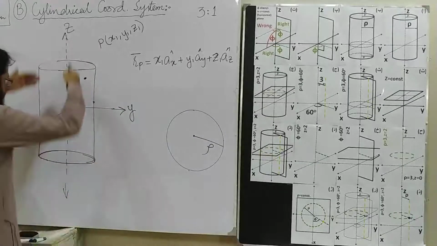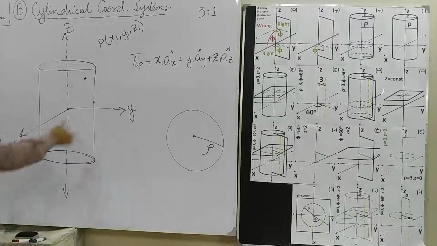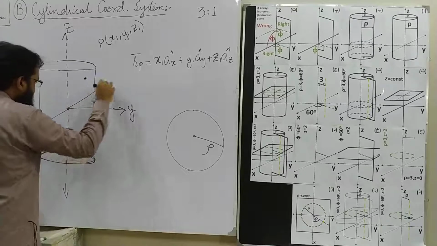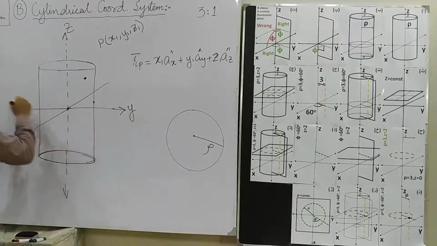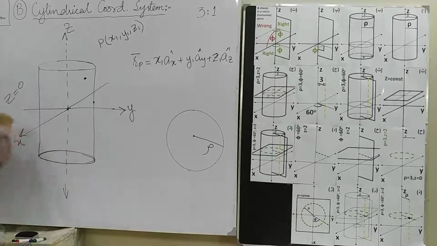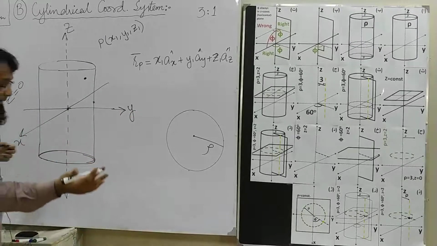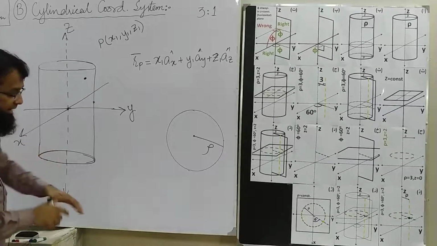So we know that this is an infinite cylinder, and this cylinder must be intersecting this xy plane, or in other words the z equals 0 plane, because the z equals 0 plane is nothing but a horizontal plane.